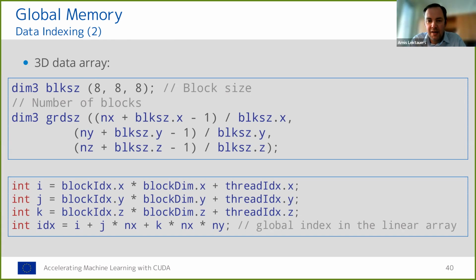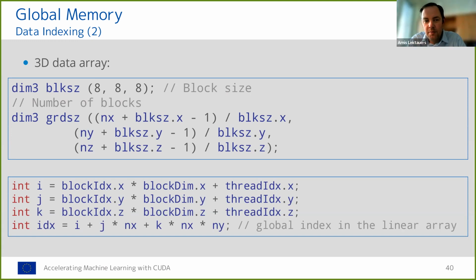In any case, in practical life, we have to use many blocks due to the fact that the number of threads per block is limited. And also the grid size, so the number of blocks in each dimension, is limited. The X dimension has larger limits, 2 to the power of 32, quite a large limit, but still limited.